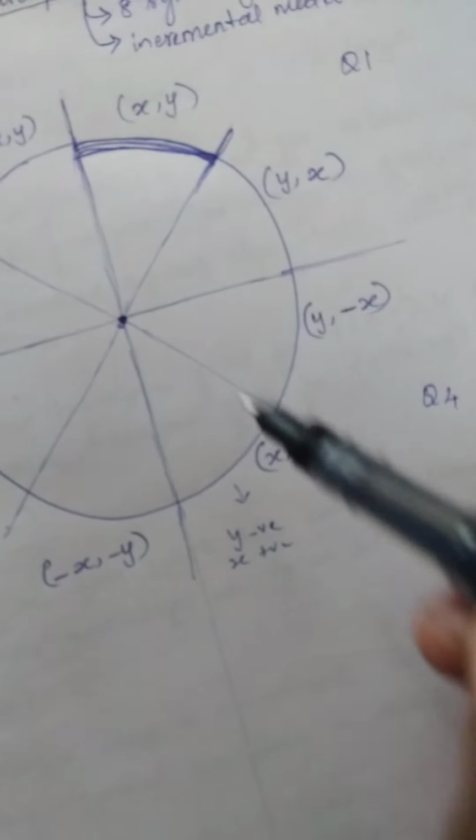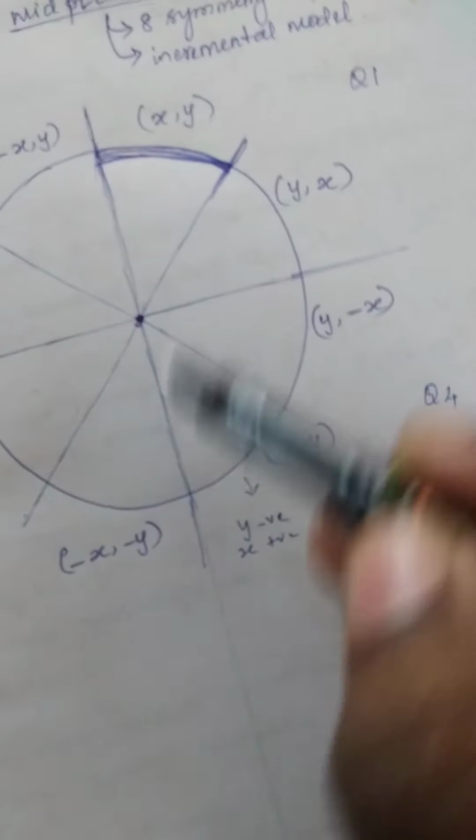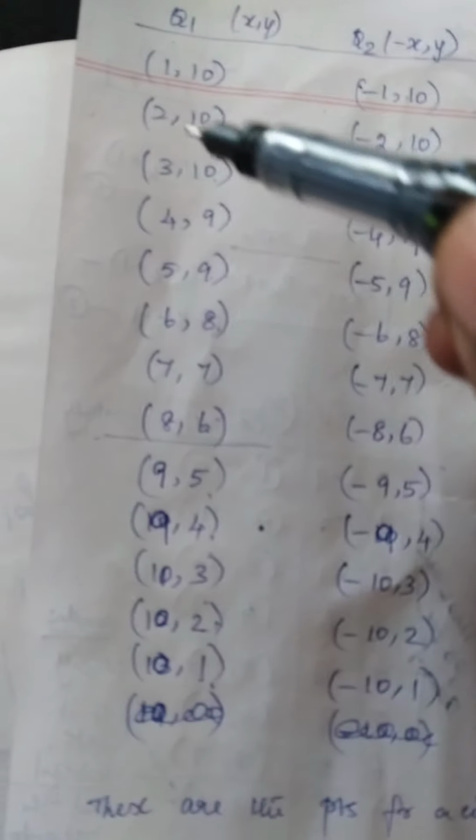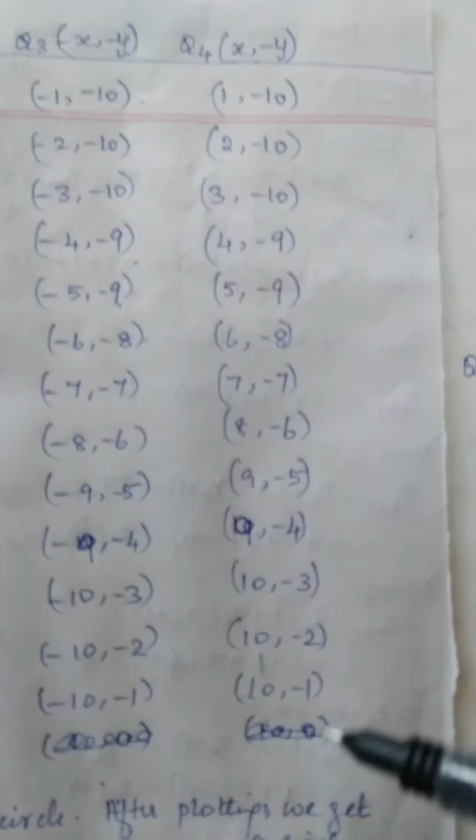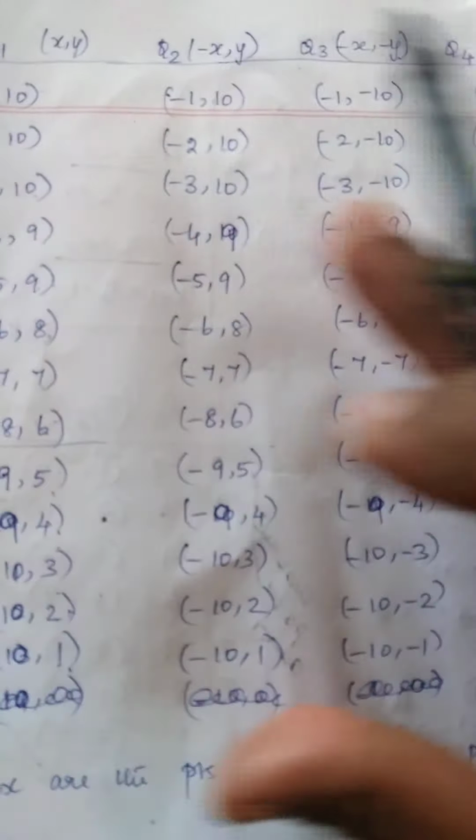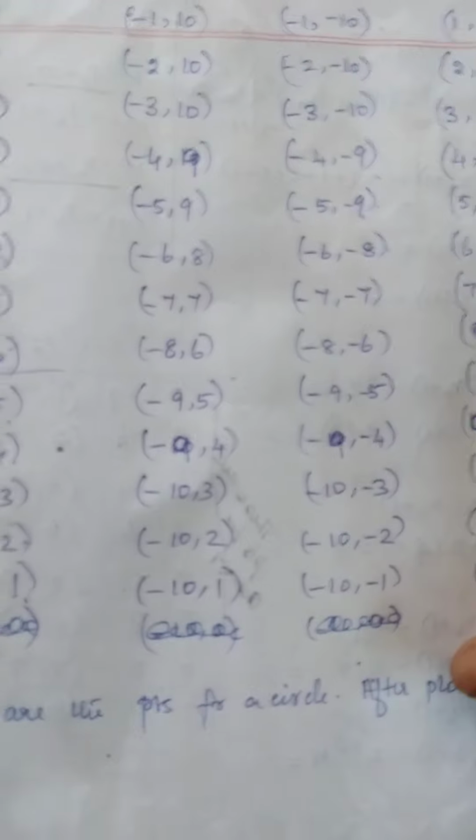Here in octant 4, x will be positive and y is negative, in this area. So we are using these values and putting a minus sign on y. Thereby we have got all the octant values needed to generate a circle. So these are the points for a circle. After plotting, we will get a circle.